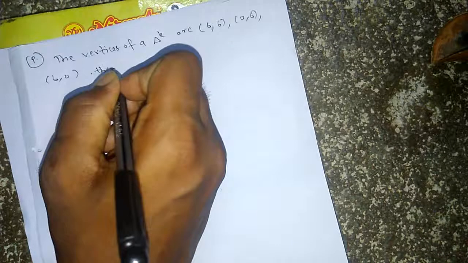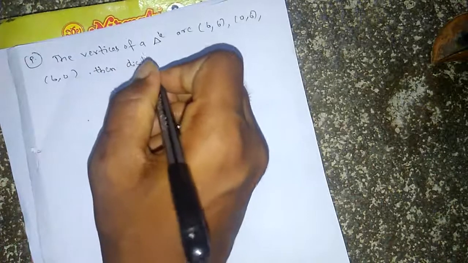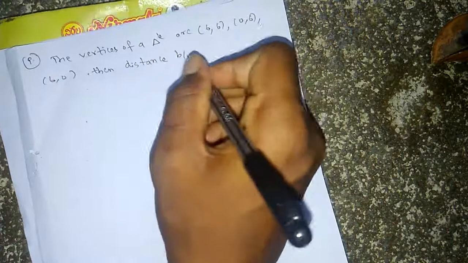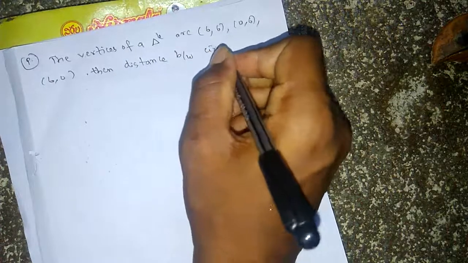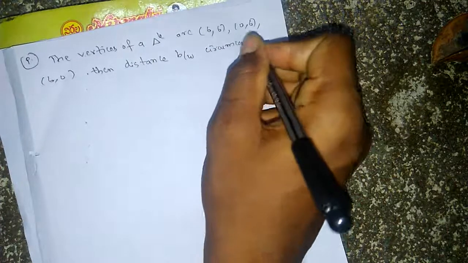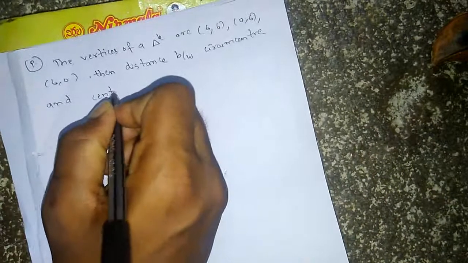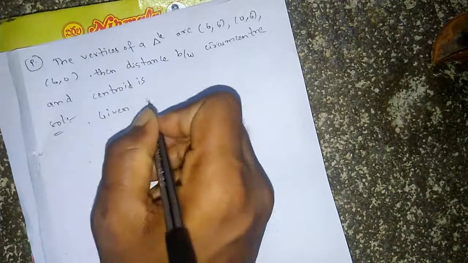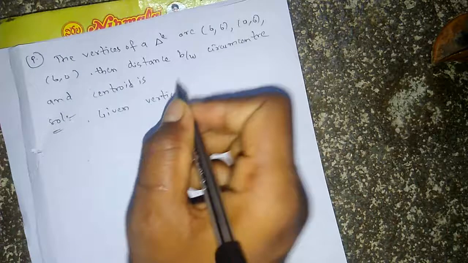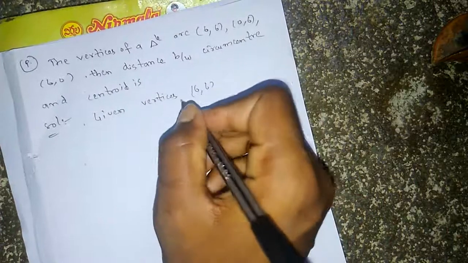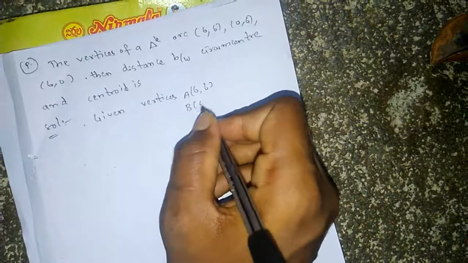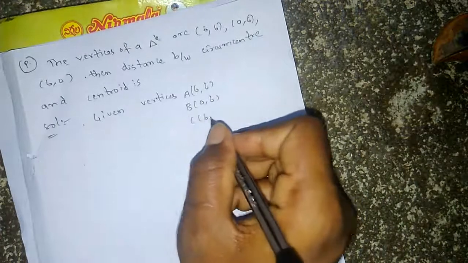Then the distance between the circumcenter and the centroid is... Here, given vertices, let A be (6, 6), B is (0, 6), C is (6, 0).